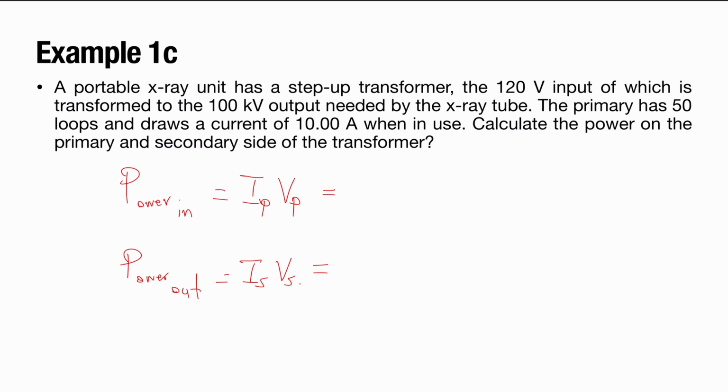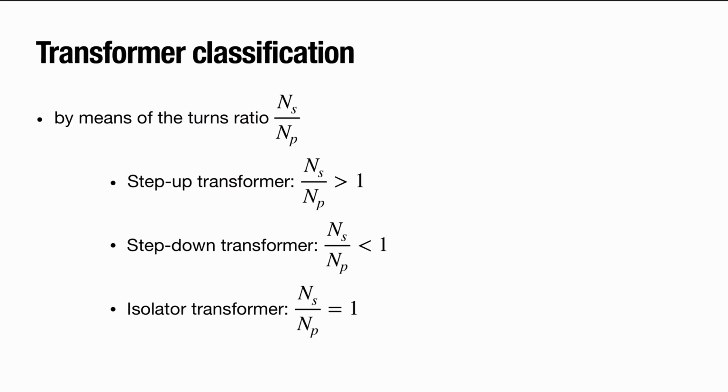Okay, now we are ready to classify transformers. The way we classify transformers is by using what we call a turns ratio. This is what a turns ratio is.